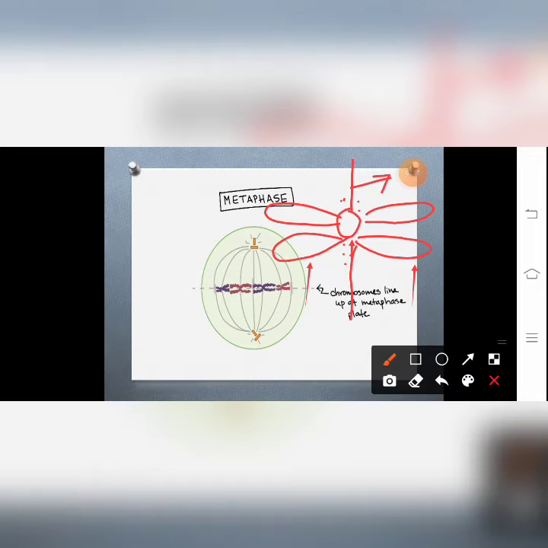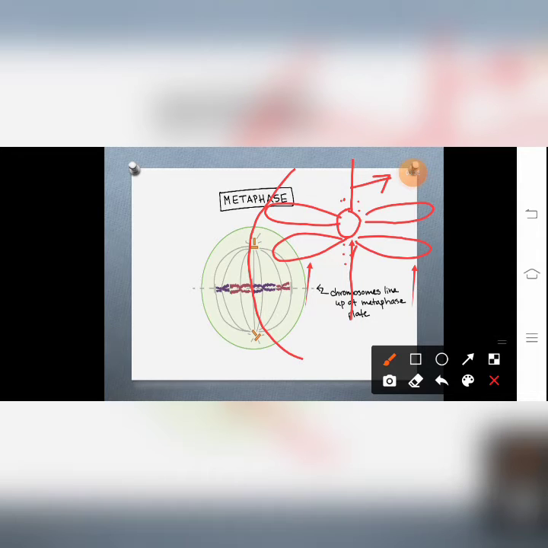The reason why they are known as discontinuous is that there is a break in the form of chromosomes. Clear? Let us see another fiber which is coming from this end to this end, which is not attached to any chromosomes. These fibers are called continuous fibers, or interpolar fibers, because they run from one pole to the other pole.